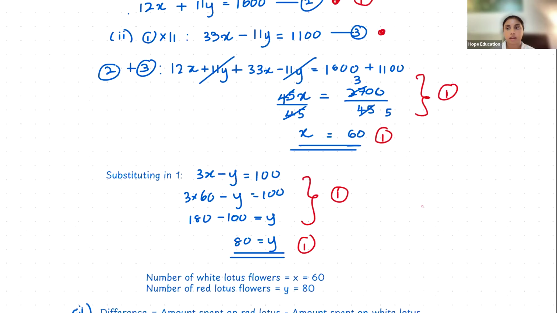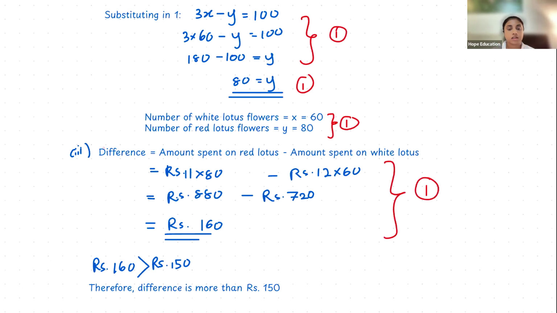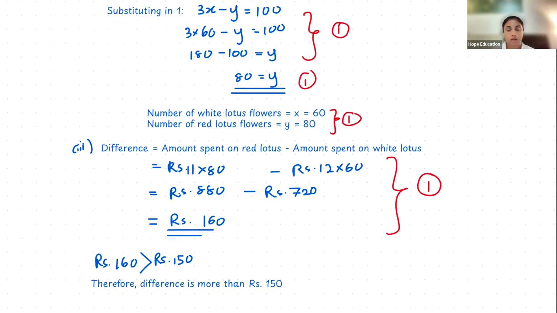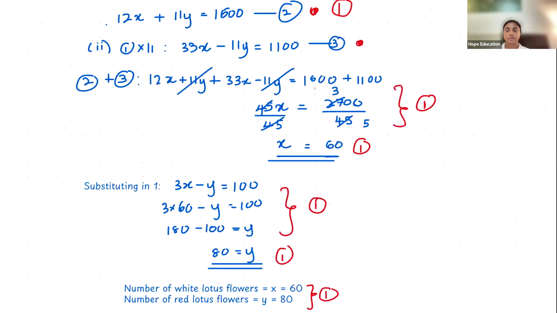When you write this step you get 1 mark, because what we need to find is not x and y but the number of white lotus flowers and number of red lotus flowers. So once you find x and y, you have to define what they are. Then for finding the difference, for this whole thing, including this step, you get 1 mark. 1, 2, 3, 4, 5, 6, 7, 8. Out of 8, how many marks did you get?